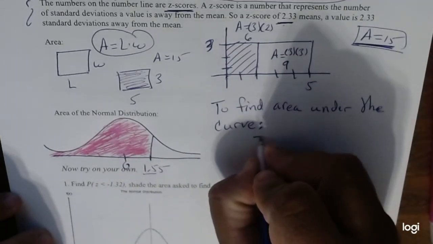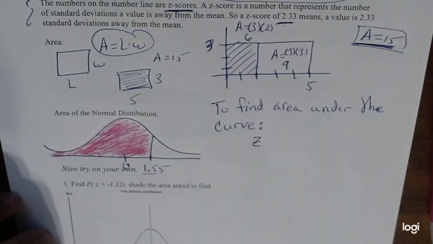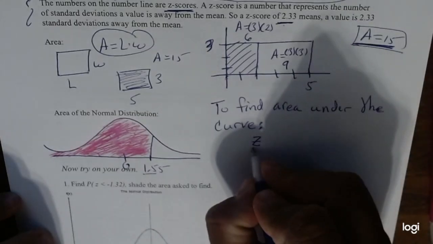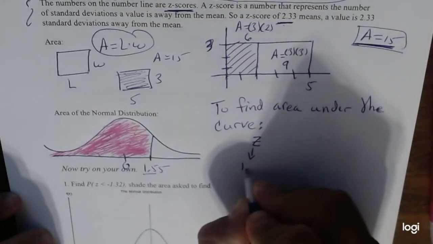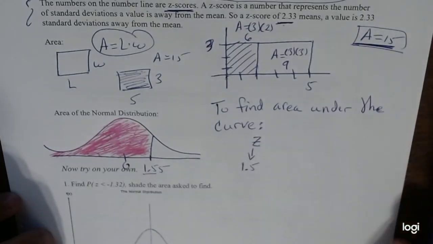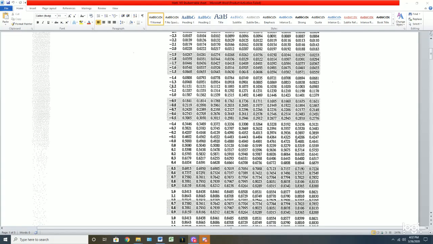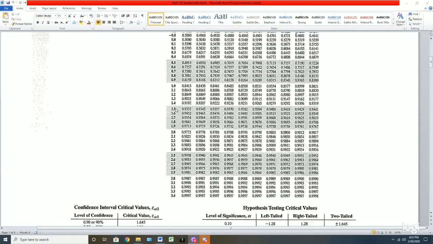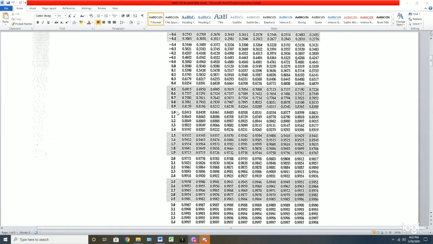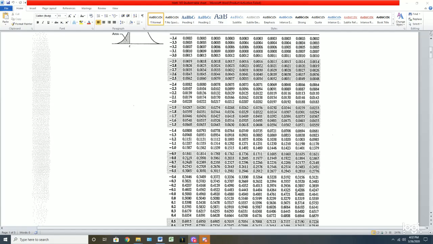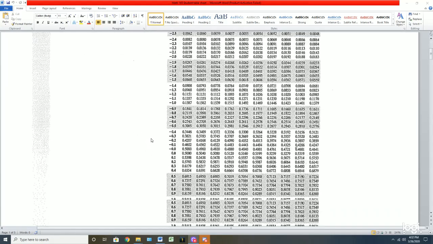In your formula sheet, you'll notice there's a z at the very top. You go down to the first 2 numbers we see, so 1.5. Here's our formula sheet. We go down to positive 1.5, which gives us right here. Why can't I zoom in?